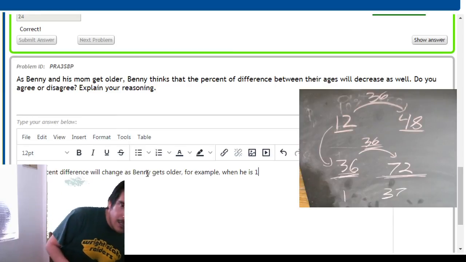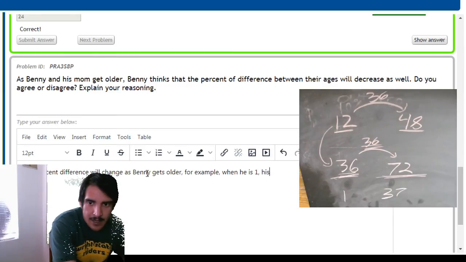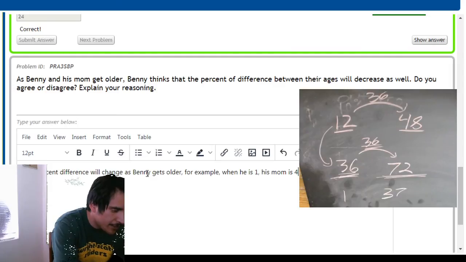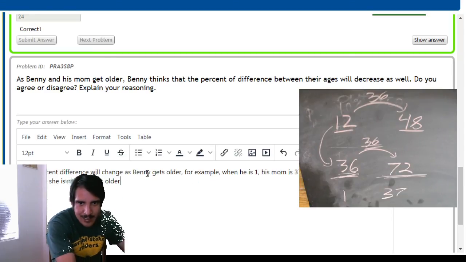When he is 1, his mom is 37, which is 37 times older. But later on, she is not 37 times older.